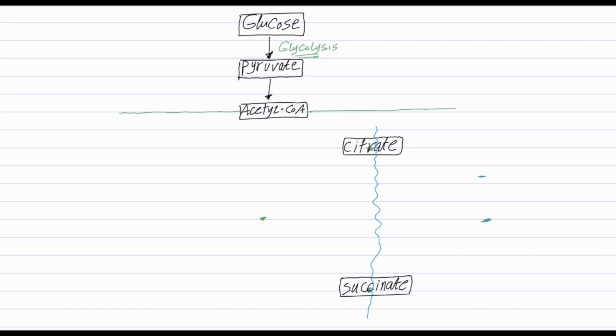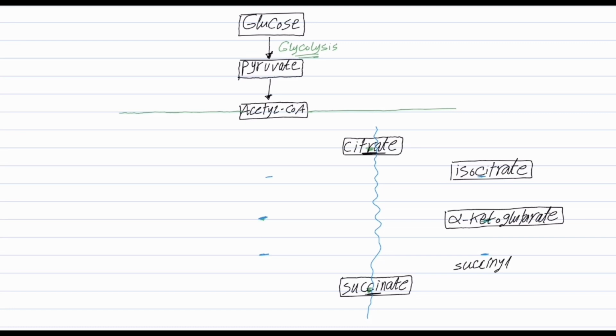Each side has three components. On the right side, starting from the top, we have the identical twin of citrate, which is isocitrate. Then in the middle we have alpha-ketoglutarate. Then at the bottom we have the brother of succinate, which is succinyl-CoA. Moving on to the left side.